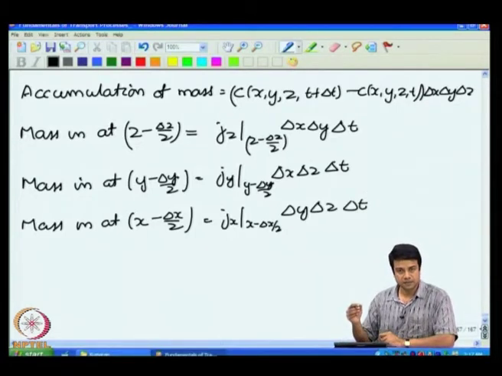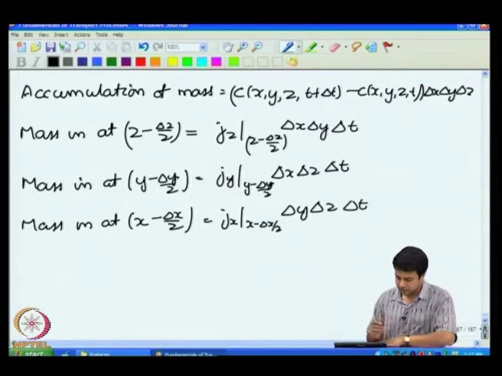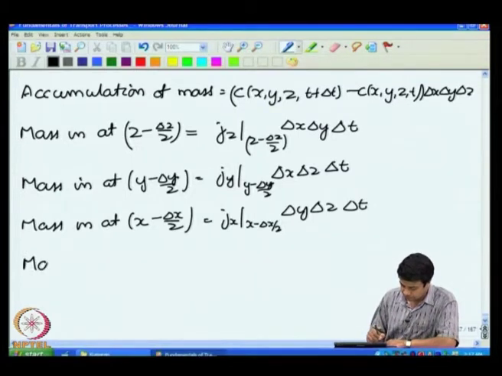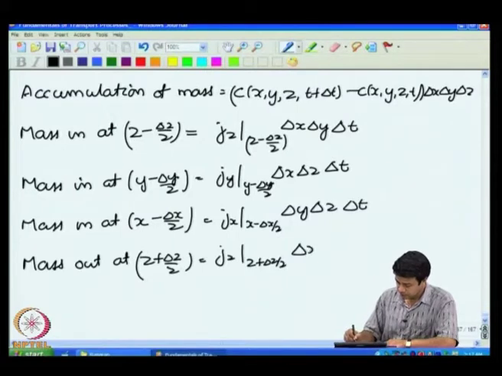I am assuming the flux is positive in the positive x, y and z directions. There is also mass leaving at the top surface, the right surface and the front surface. So, mass out at z plus delta z by 2 is equal to J z at z plus delta z by 2 times delta x delta y delta t.